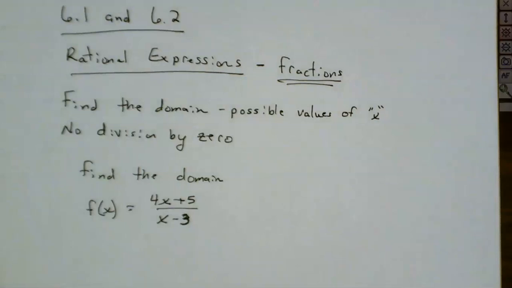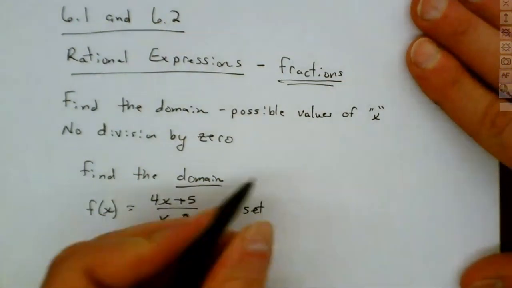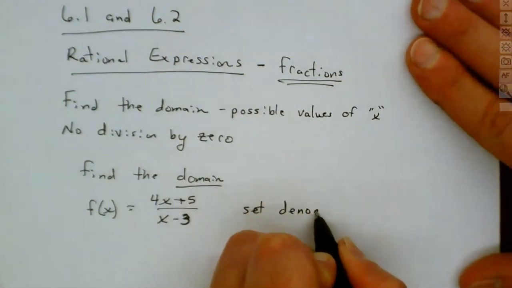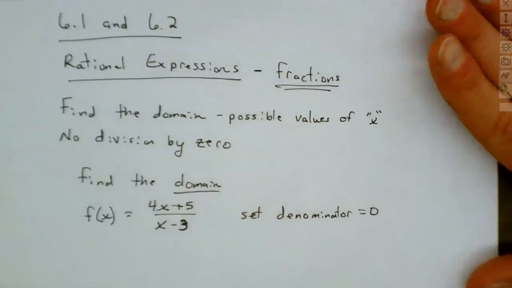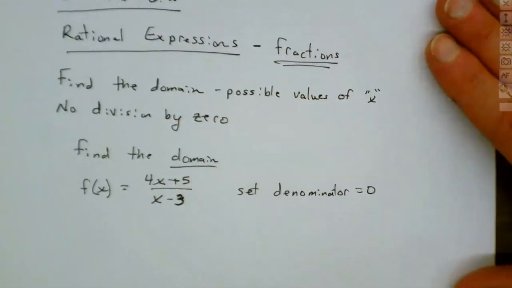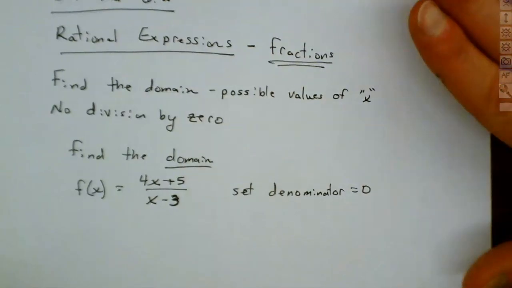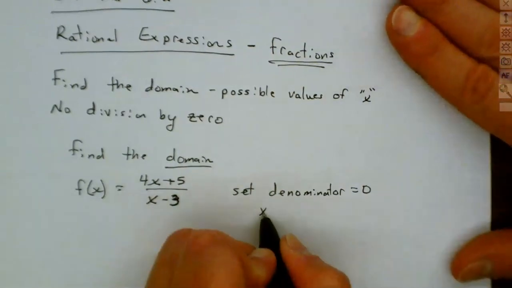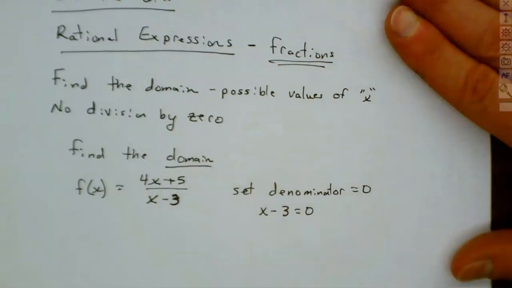Now again, when we talk about the domain, we want to find the division by 0 and take it out. So what we do to find the domain is we set the denominator to 0. And this is something that we do a lot of in college algebra. So first thing we would do is we set that denominator to 0. The denominator is the bottom half of this fraction. So x minus 3 equals 0.